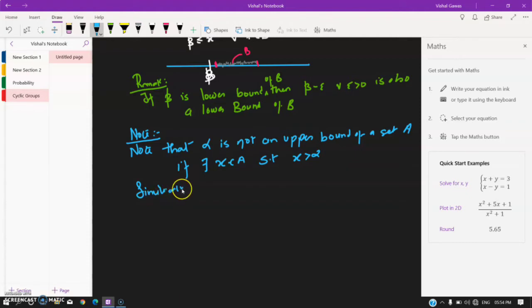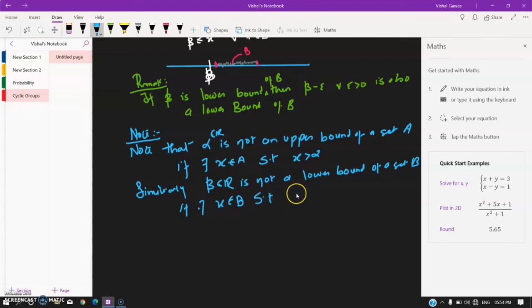Similarly, beta in R is not a lower bound of a set B if there exists x in B such that x is less than beta.